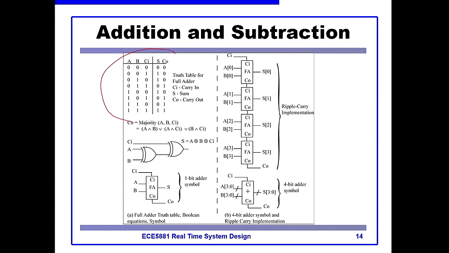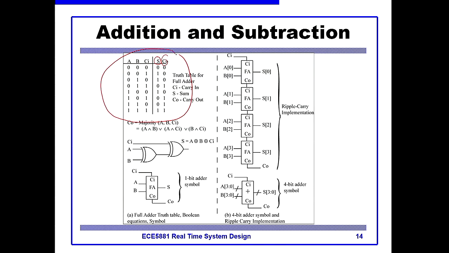So if you look at addition of A plus B plus carry in, this is a full adder. You get a 2-bit result of the sum and the carry out. So binary addition you should all be able to do. It's simple: carry of 1 when you get a result of 2 or more.